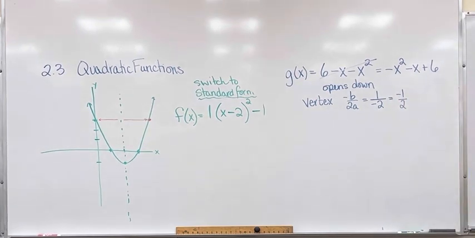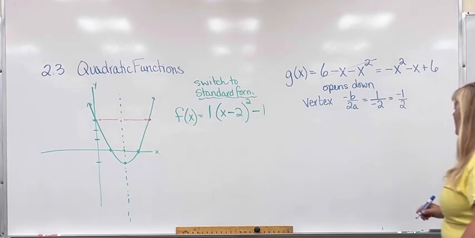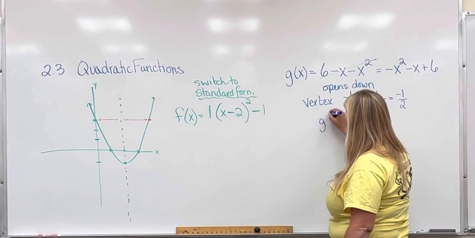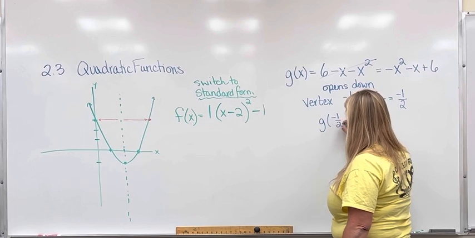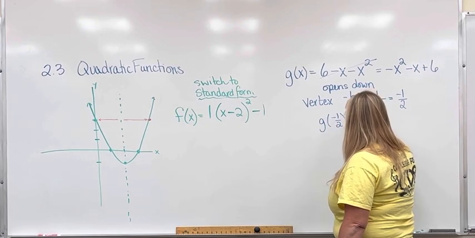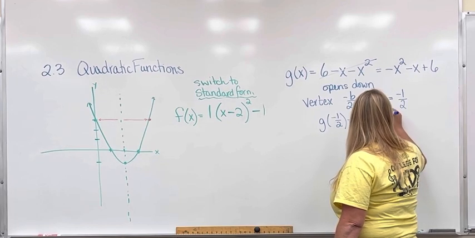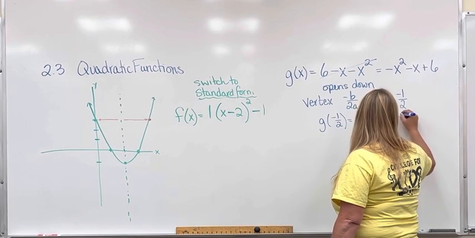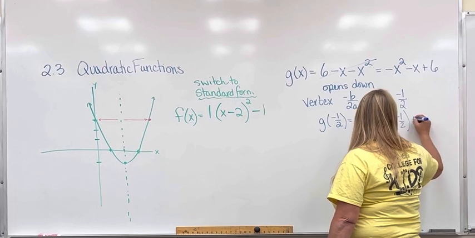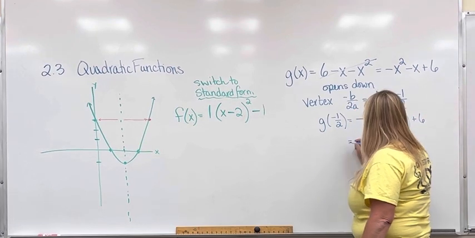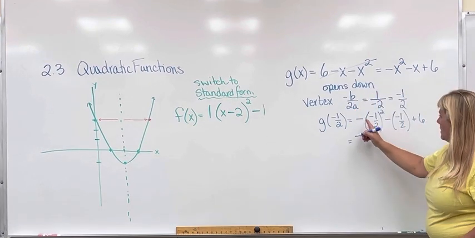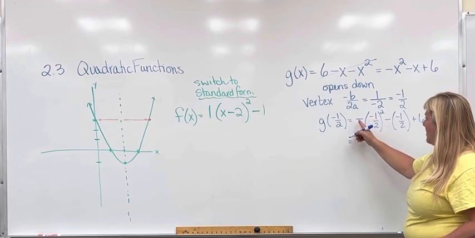Okay, that's going to make the rest of this just a little bit uglier. So in order to find the second coordinate, we're going to plug in negative 1/2. So we're going to have negative 1/2 squared minus negative 1/2 plus 6. Ugh. Okay, so that negative is going to go away, but that one's still there.